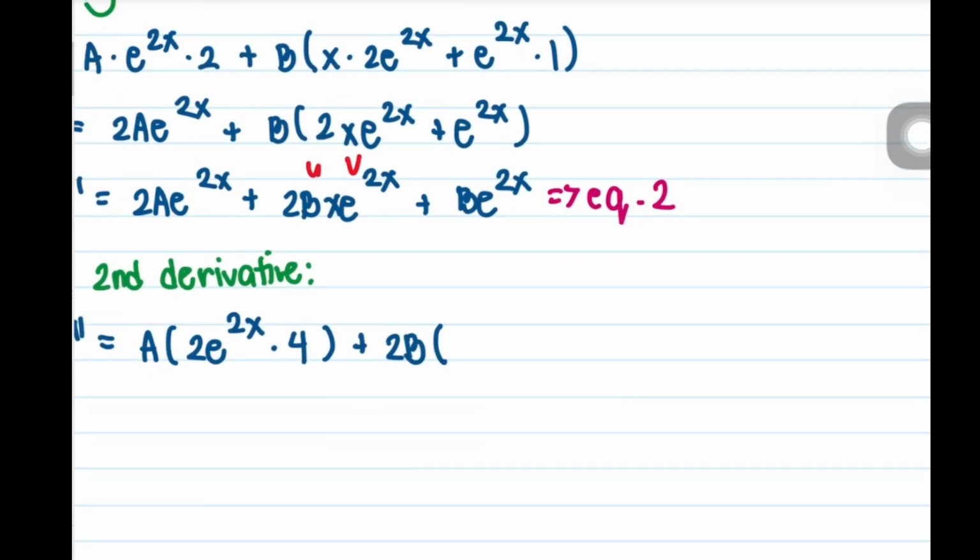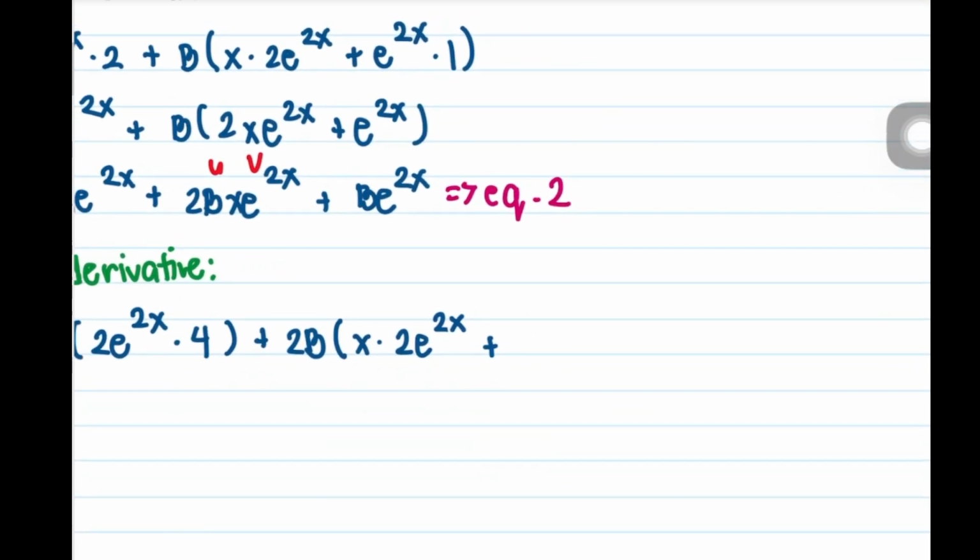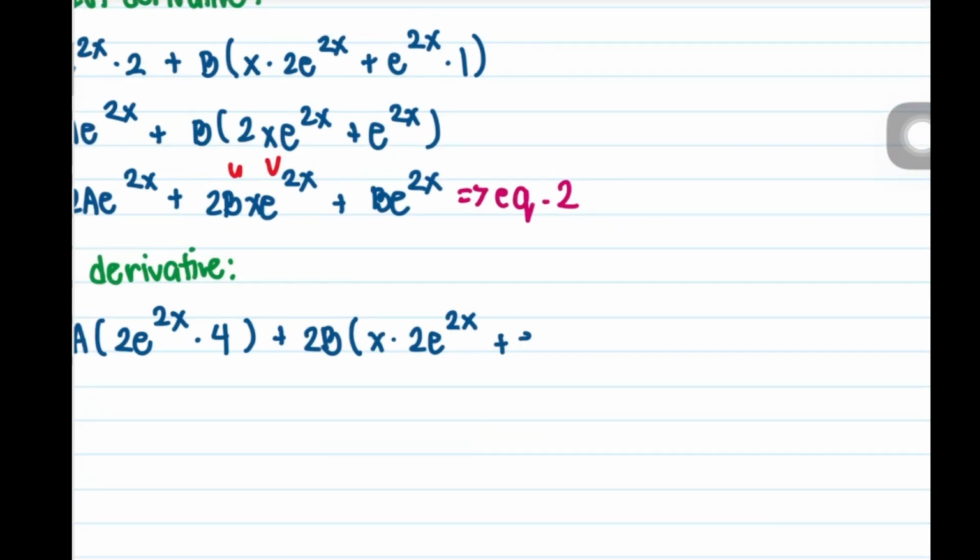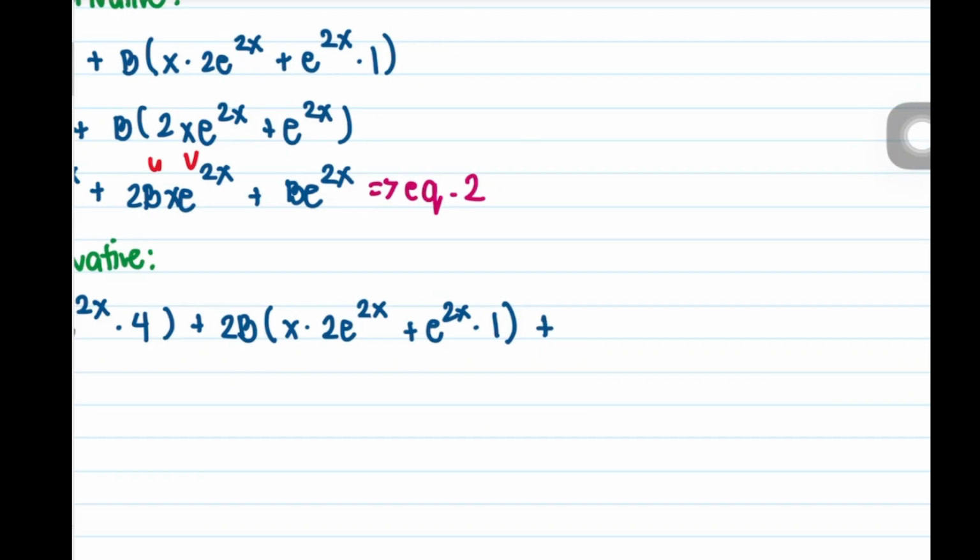So the derivative of x e raised to 2x is x multiplied to the derivative of e raised to 2x, which is 2e raised to 2x, plus the derivative of v, u dv plus v du. So v, let me copy v, that one will be e raised to 2x multiplied to the derivative of x, which is 1. Okay? Then plus 2b e raised to 2x. That one will be the derivative of this part.